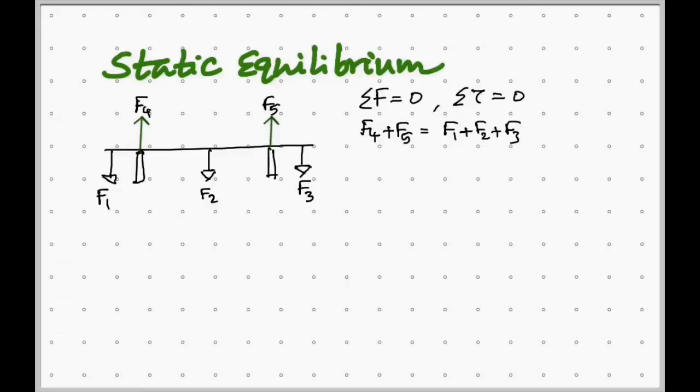And then we come to applying the second condition. When you try to apply the second condition, it's always good to calculate the torque about one end. Except in this case. Because if you do that in this case, you'll be left with two unknowns. If you calculate it about one support, you automatically eliminate the torque due to force F4.